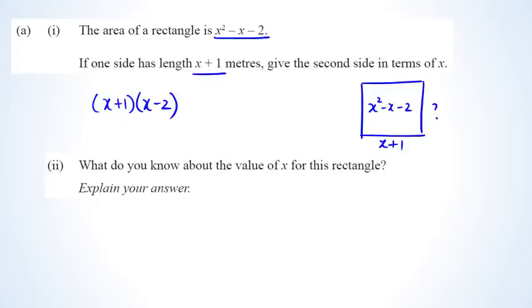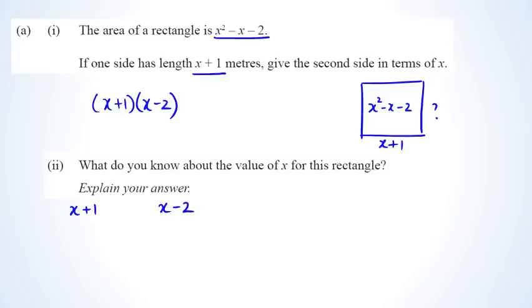Now in the second question, they're asking what you know about the value of x for this rectangle. To do this, I need to look at both sides of my rectangle. One side is x plus 1, the other is x minus 2. I think this is what I struggle to explain: the rectangle cannot have negative numbers as its length, so it has to be a positive number.